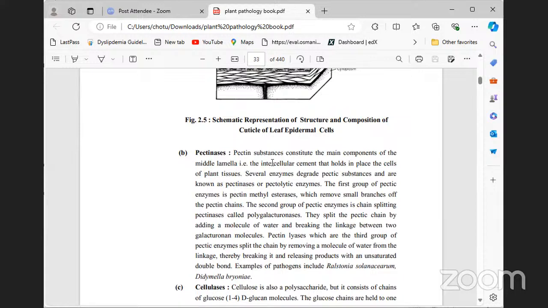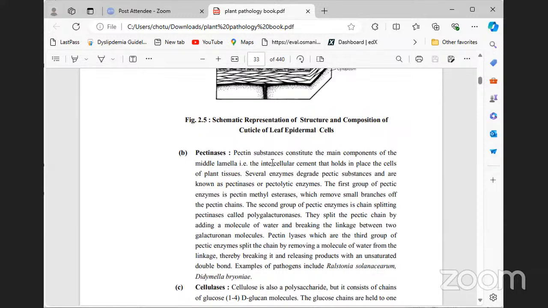The first group of pectic enzymes is pectin methyl esterases, which remove small branches of the pectin chains. The second group of pectic enzymes is chain splitting pectinases called polygalacturonases. They split the pectic chain by adding a molecule of water and breaking the linkage between two galacturonic molecules.